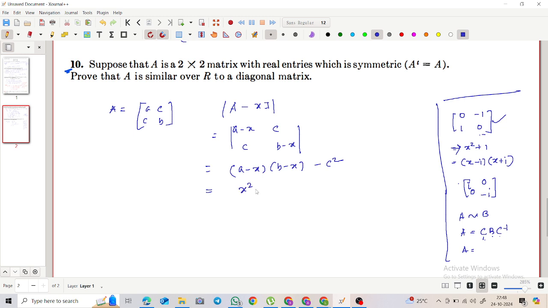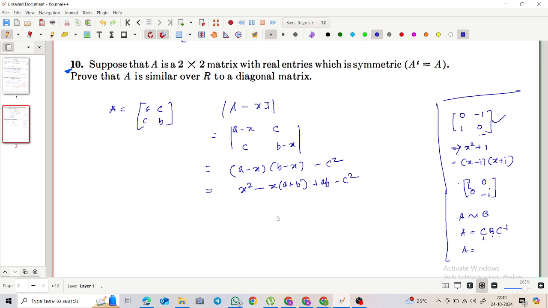What is x square minus x times a plus b, right? Now what should we do? Only to prove it has real distinct roots.